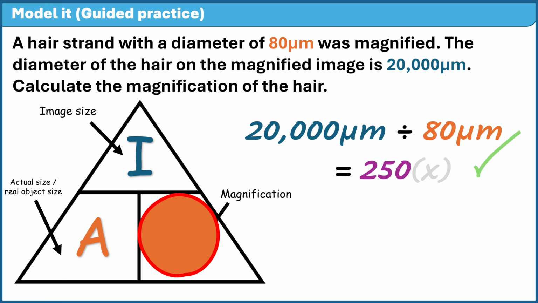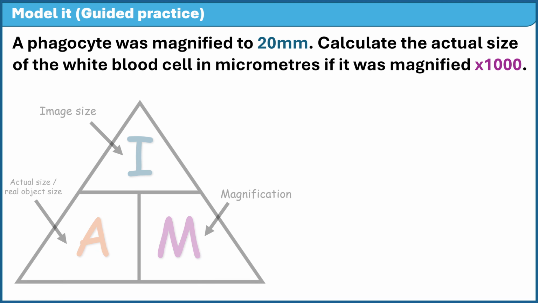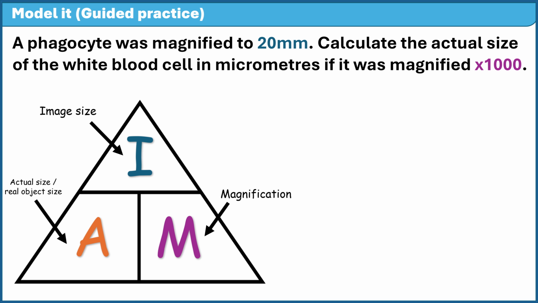Let's do another practice question together. The second question reads, a phagocyte was magnified to 20 millimetres. Calculate the actual size of the white blood cell in micrometres if it was magnified 1,000 times. Step 1 is we must cover up what we're trying to find in the formula triangle. We are trying to find the actual size now, so let's cover that.